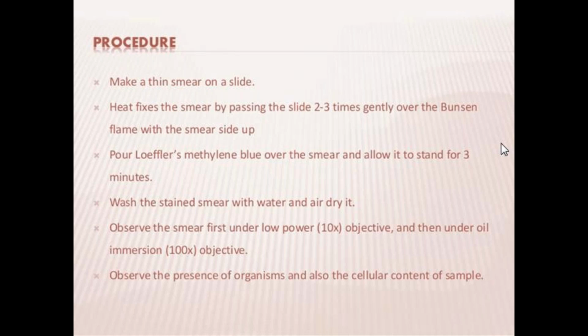Next, after cooling the slide, the smear is flooded with the stain for 3 minutes, which allows clear observation of the stain. Then the stain is washed off with water, and it is air dried. Then the smear is observed under the low power objective and also the oil immersion objective.